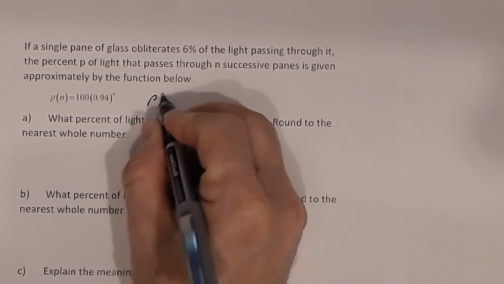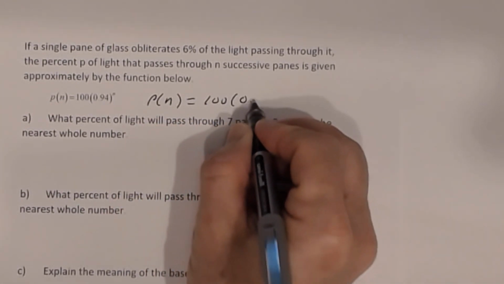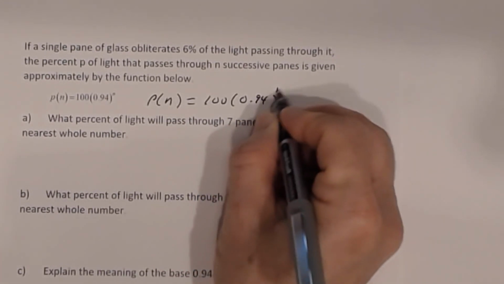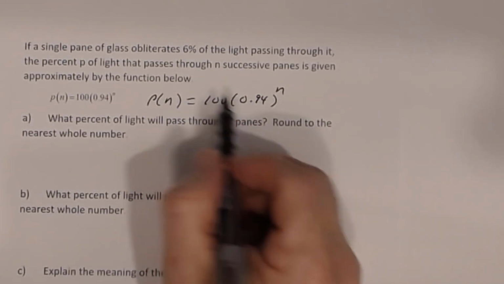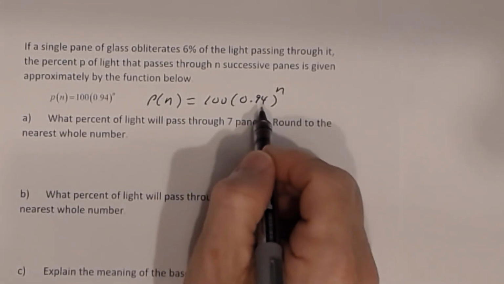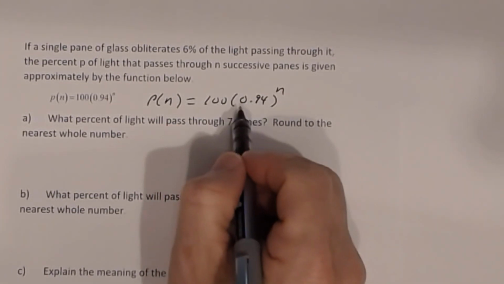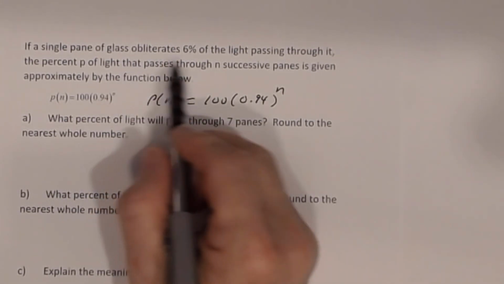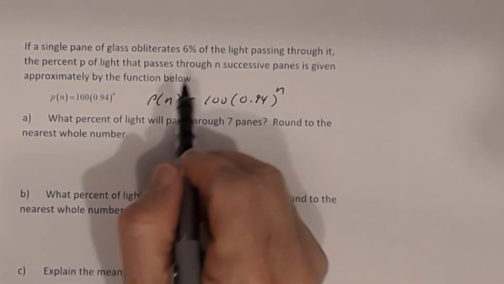So here's your function. So P of n equals 100 times 0.94 raised to the n power. So notice this 0.94. So you see that 6%? So that represents 94%. You see where it says that it blocks 6% of the light.